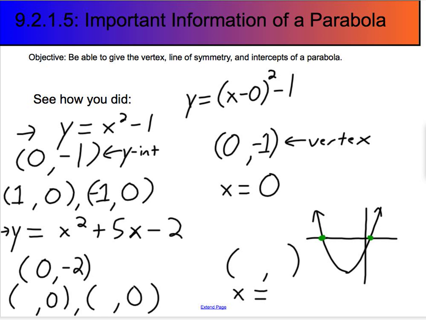So when I do that on my calculator, I need to do it in front of myself right now. Typing it in right now, y equals x squared plus 5x minus 2. I'm going to go ahead and look at the graph and zoom in.